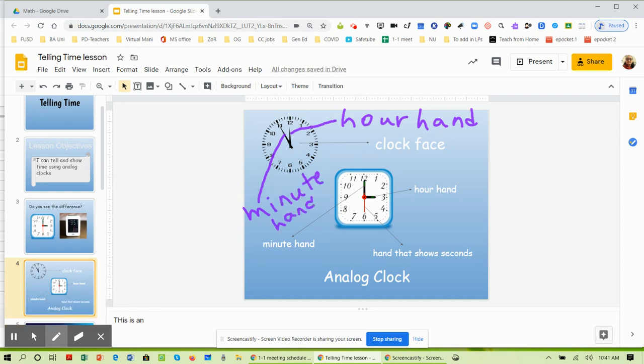Because the short hand moves very slowly so that it can show the hour, whereas the minute hand keeps moving faster, right? It goes around the clock many more times than the hour hand, and it is longer. So this is called an analog clock.